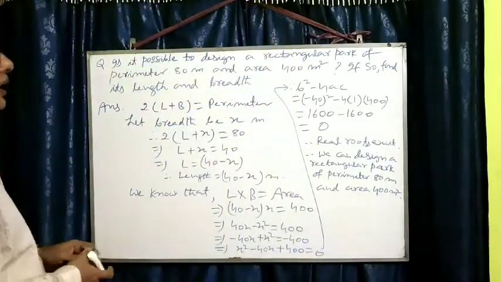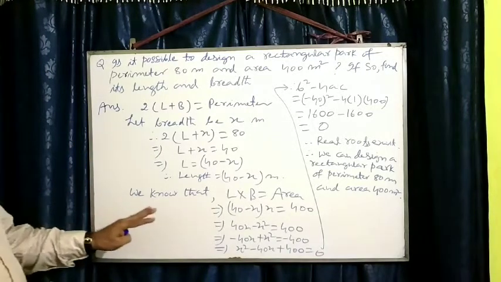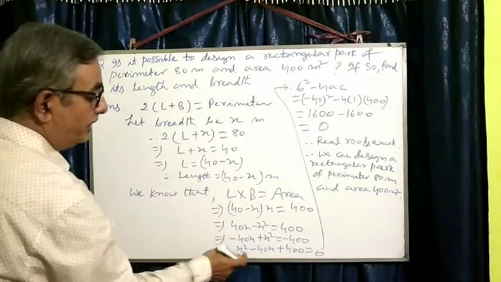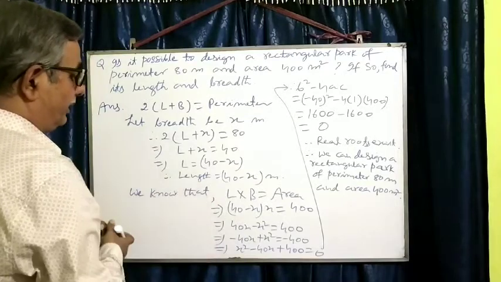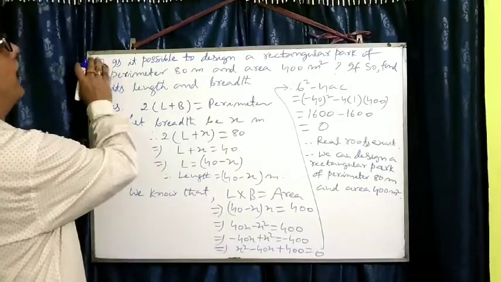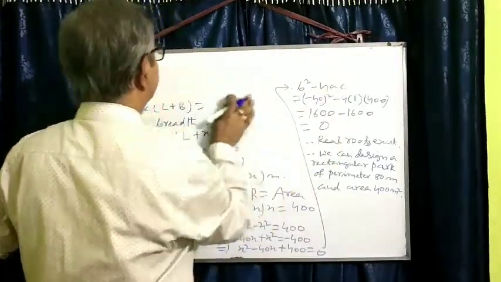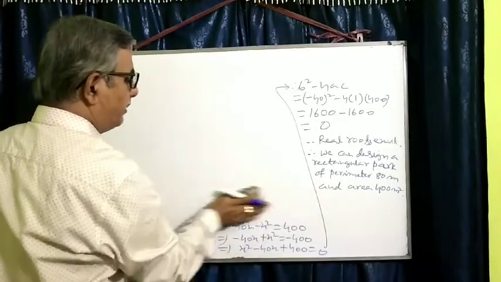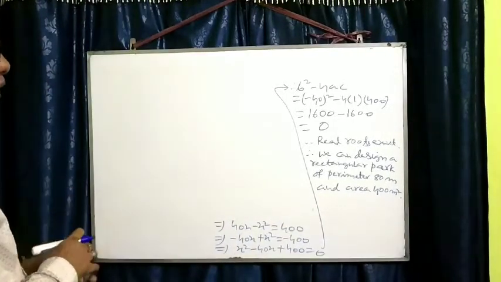Now we have to find out the dimension, means what length and breadth we are supposed to find out. From here, the equation is already written here. So from here we have to find out the dimension. Always we are using the factorization method, but in this case I am using the quadratic formula.